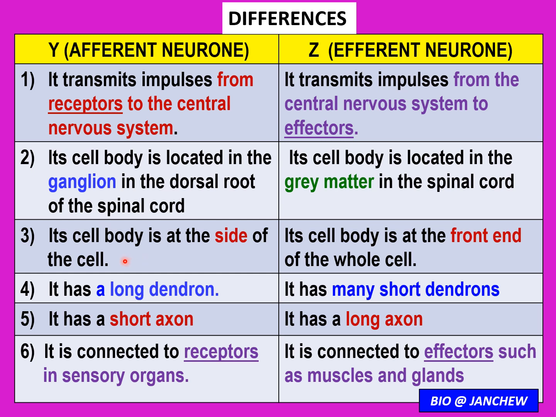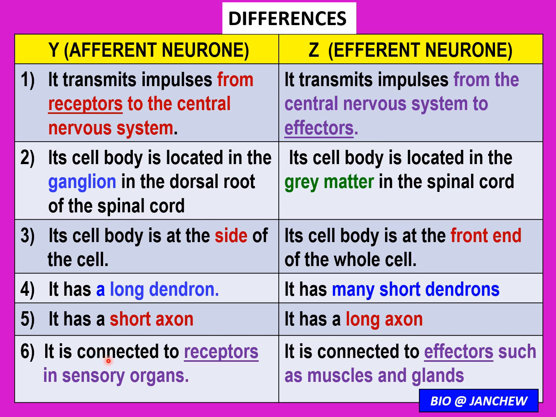For Y, its cell body is at the side of the cell. Okay, not at either end of the cell, but at the side. For Z, its cell body is at the front end of the cell. For Y, it has a long dendron. For Z, it has many short dendrons. And conversely, Y has a short axon and Z has a long axon.